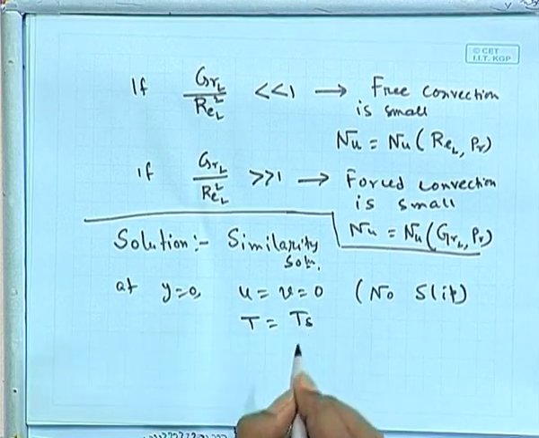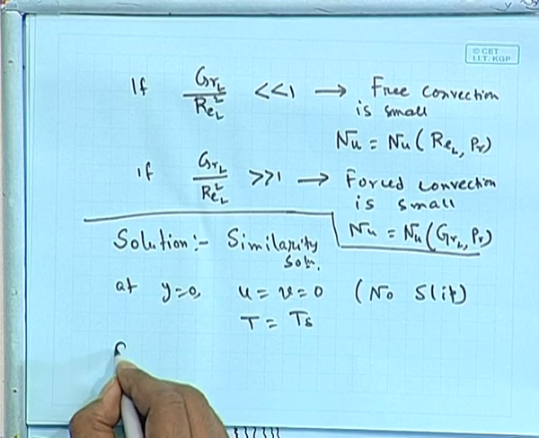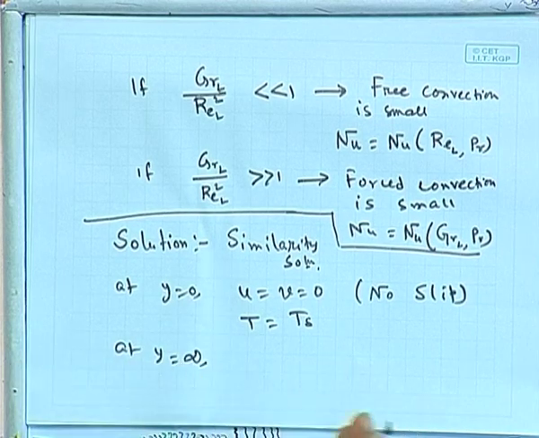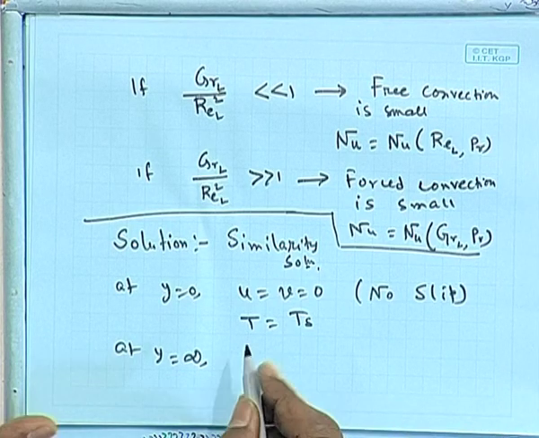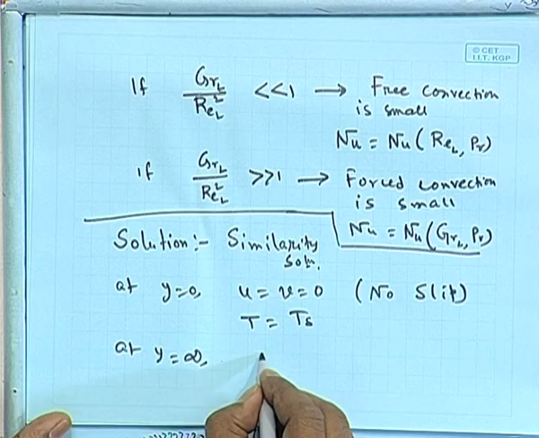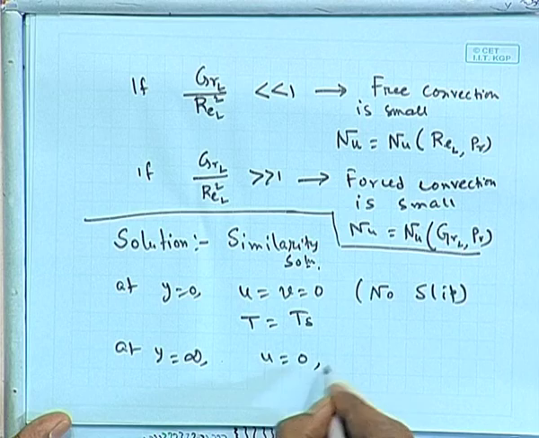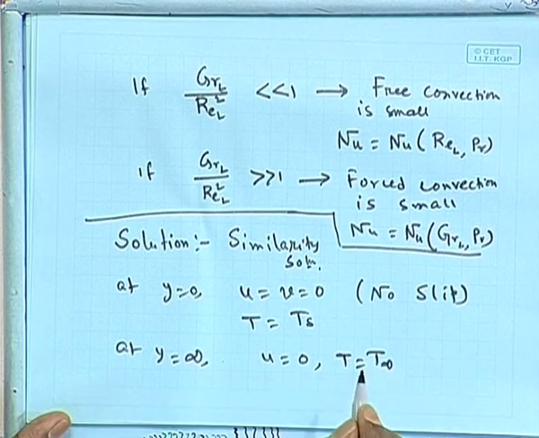T is equal to Ts. At y equal to infinity, that means at the edge of the boundary layer onwards, u is equal to 0, stationary media, and T is equal to T infinity.